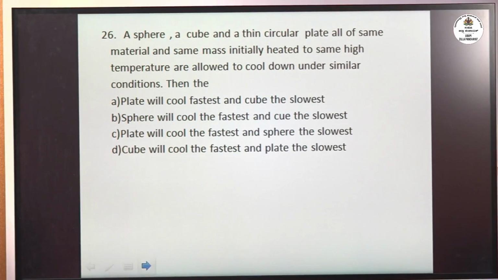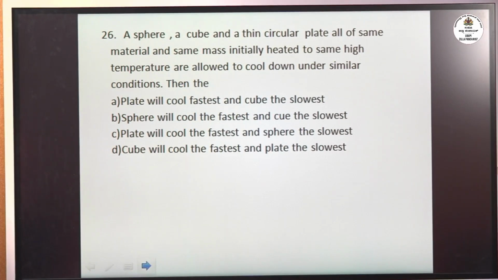A sphere, a cube and a thin circular plate, all of the same material and same mass, initially heated to the same high temperature, are allowed to cool down under similar conditions.